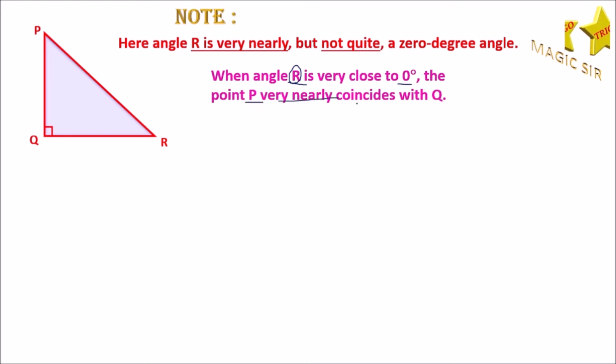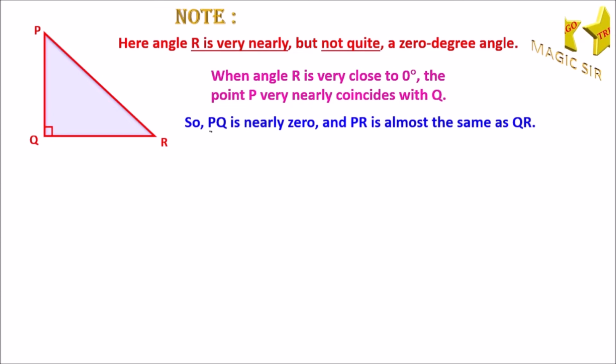In other words, when angle R is very close to 0 degree, the point P very nearly coincides with point Q. We have observed this in the previous animation. So PQ is nearly 0 and PR is almost the same as QR.